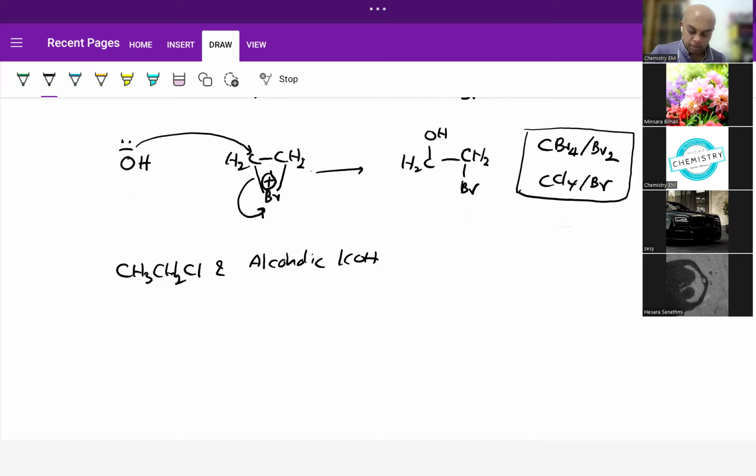Synthesis of CH3CH2CH2CH2CH2CH3 in 6 steps.